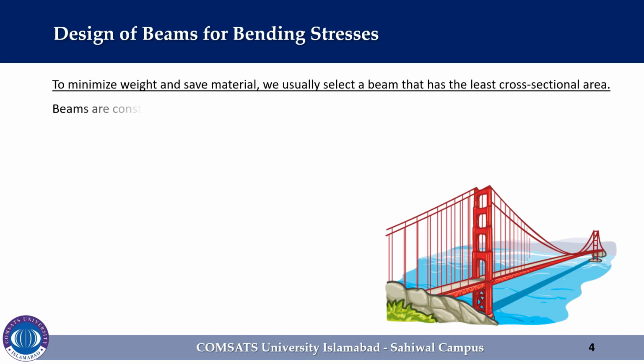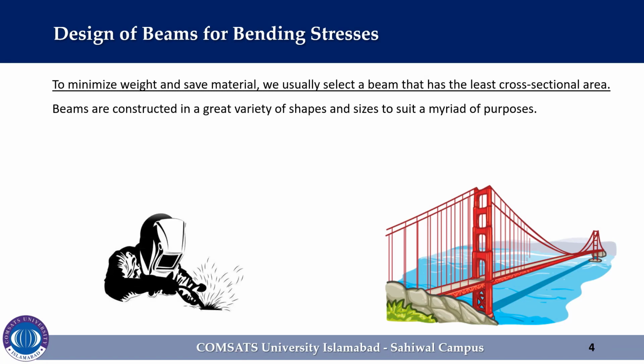Beams are constructed in a great variety of shapes and sizes to suit a myriad of purposes. For instance, very large steel beams are fabricated by welding. Aluminium beams are extruded as round or rectangular tubes, while wood beams are cut and glued to fit special requirements.